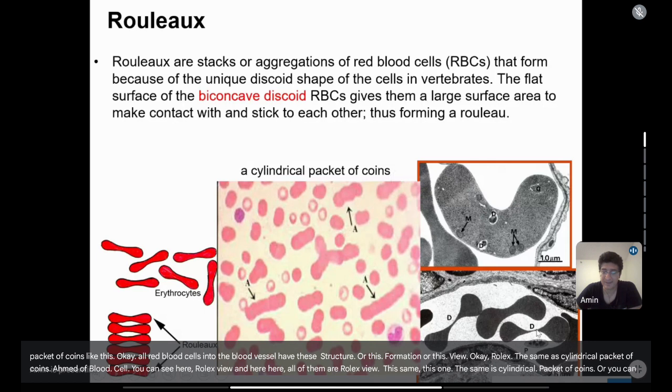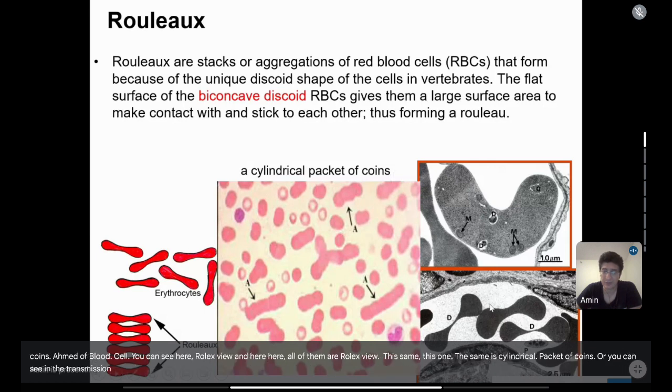Or you can see in the transmission electron microscopy image in this blood vessel, Rouleaux, and this view shows us Rouleaux, the same as a cylindrical packet of coins.